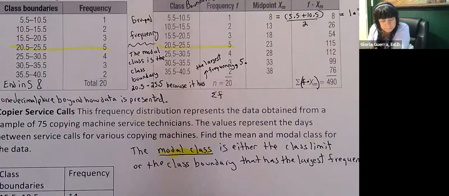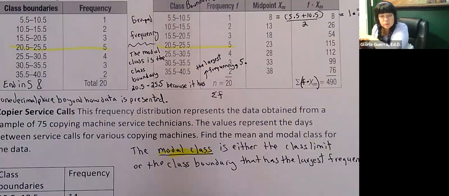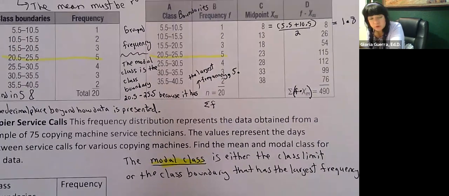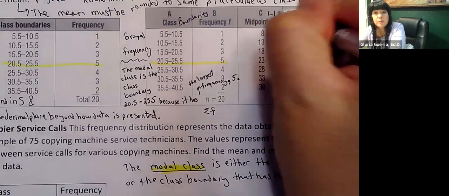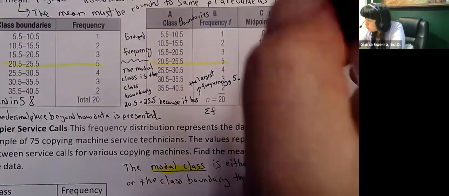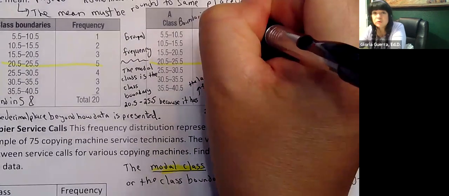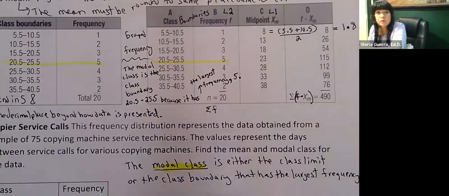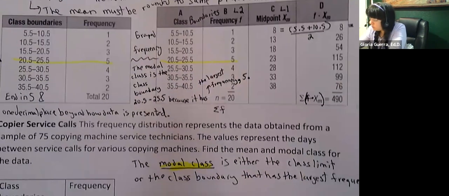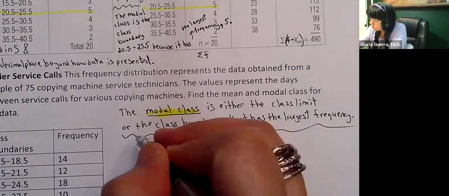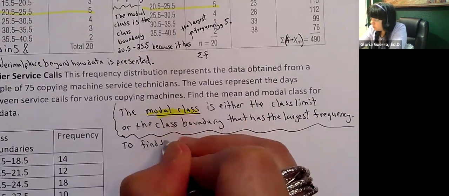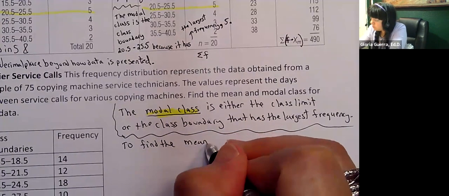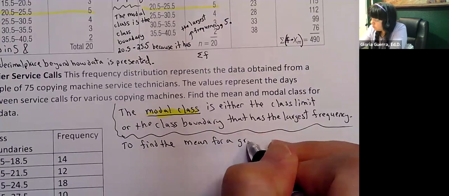Okay, now let me also show you how to do this on the calculator, how to check your answer on the calculator. So on the calculator, you have to put the midpoints in L1, and you have to enter the frequencies in L2. Okay, so to do this on the calculator, this is to find the mean for a group frequency.